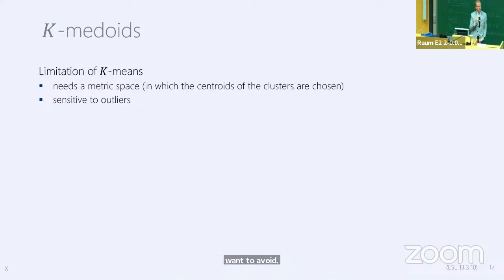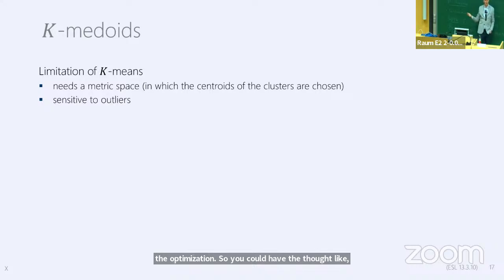So you could have the thought, okay, if you compute a mean, this is brittle. If you now go for the medioid, the actual data point that splits the data best half-half, so what is the median salary, for example, rather than the mean salary, can't we also do this in k-means? Well, if we do this, then we arrive at k-medioids.